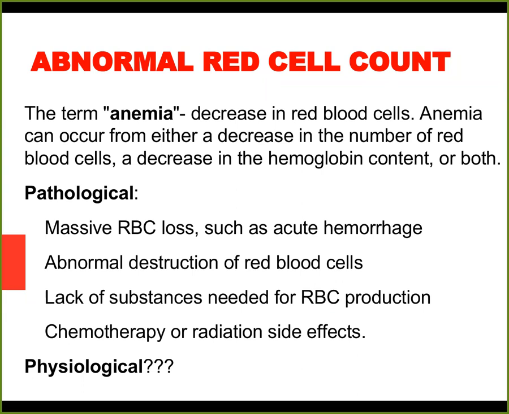Some of them are associated with a decrease in total amount of hemoglobin, the protein which realizes association to oxygen. Some types of anemia have only a decreased amount of red blood cells, or vice versa, with a normal amount of red blood cells we may have a decreased level of hemoglobin.